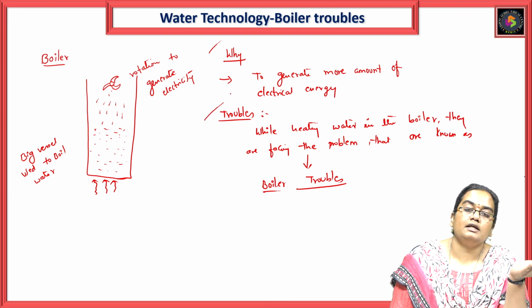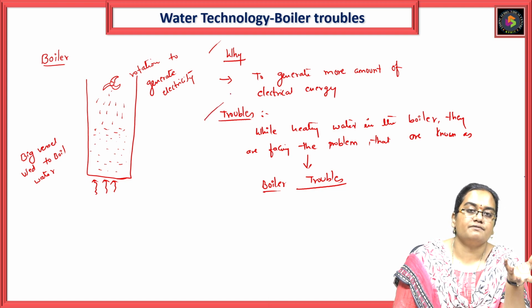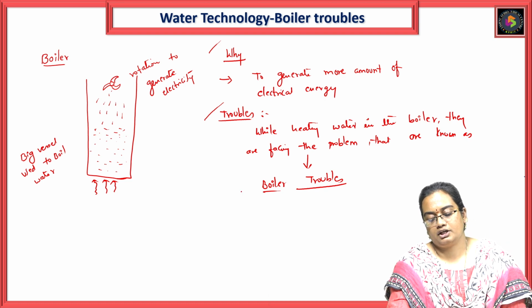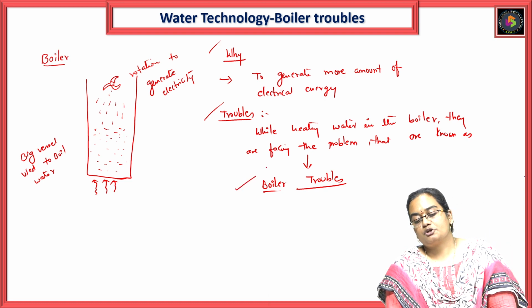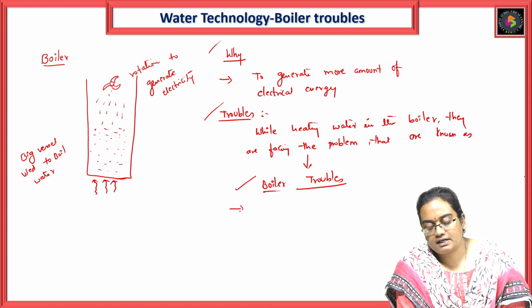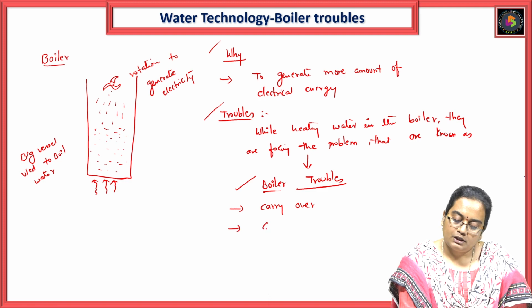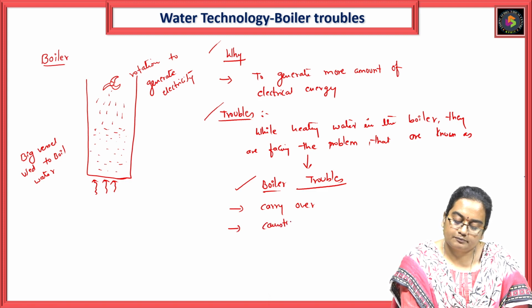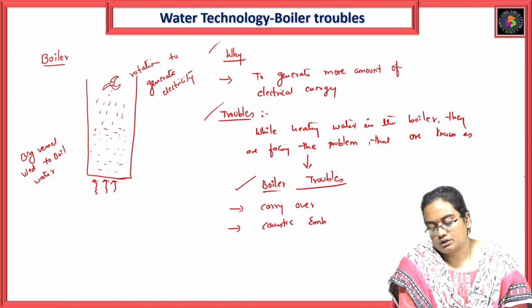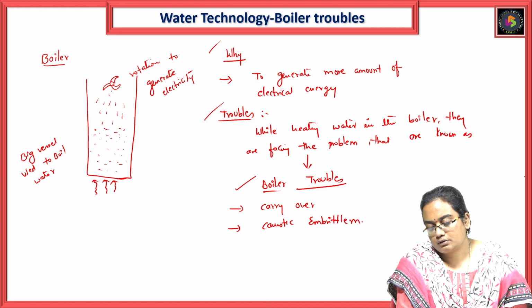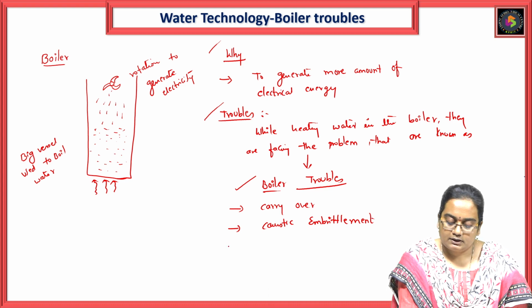Next, while boiling the water, the boiler faces problems known as boiler troubles, which is our topic. What are the boiler troubles we have? First one, carryover. Second one, caustic embrittlement.